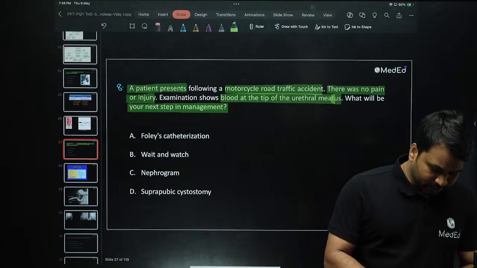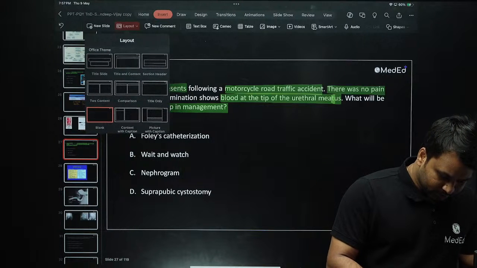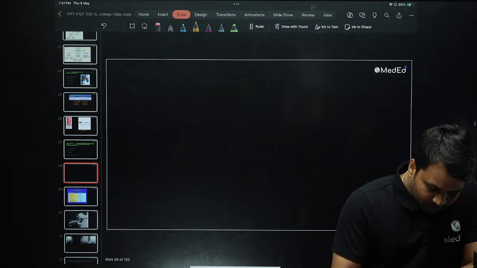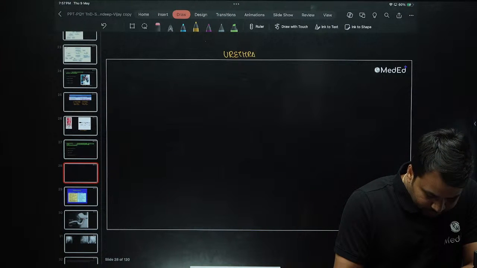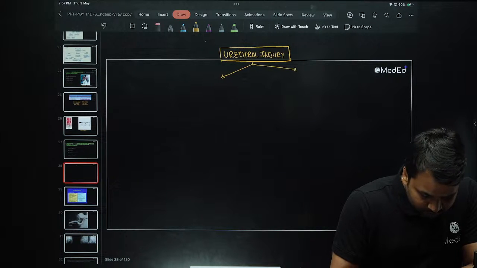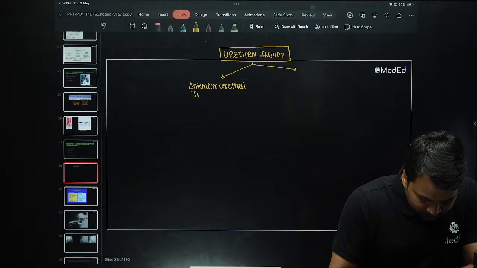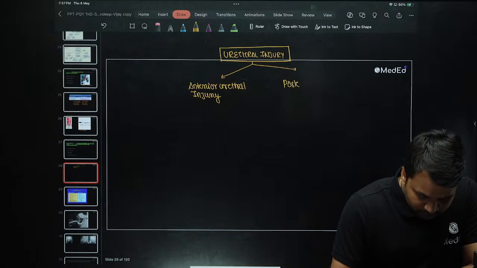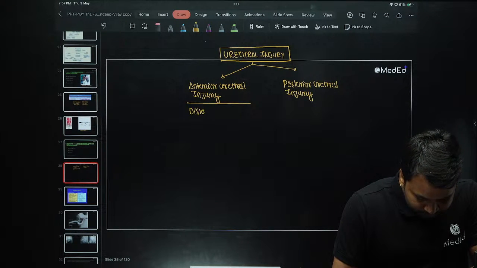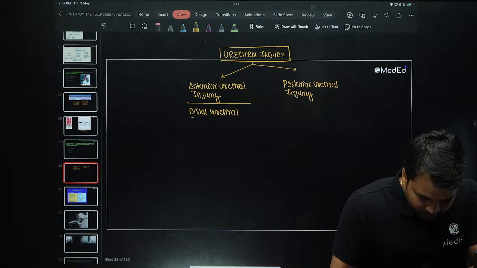When you talk about urethral injuries, we divide them into anterior urethral injury and posterior urethral injury. The anterior urethral injury is also referred to as the distal urethral injury.